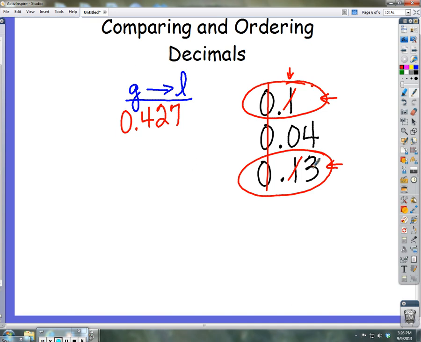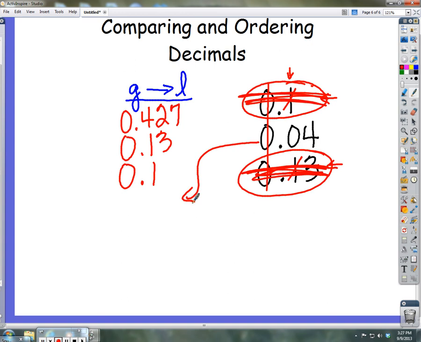Well, 3 is always going to be bigger than a 0 or nothing, so this is going to be the next largest one, 0.13, 13 hundredths. So now I can get rid of this one. Obviously, since I was deciding between the top one and the bottom one, this one would go next. The next largest is 0.1, 1/10. And then finally, the smallest one would be the last one, 0.04.